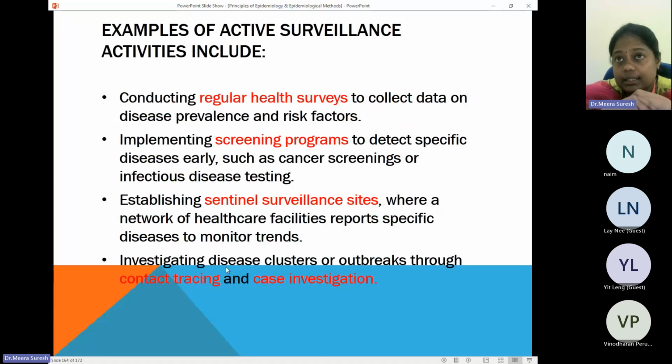We do certain mass screening programs for the population to find out who is having a disease even before they start showing symptoms. For example, I don't know whether any of you have done that as a part of promotion of our own clinic or hospitals.